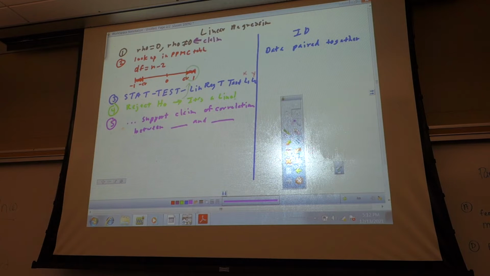When you get your data that's paired together, usually it's comparing whether one affected the other, whether they're correlated or not. As one goes up, does the other go up? As one goes down, does the other go down? Or as one goes up, does the other go down? So do they have a relationship? Okay.